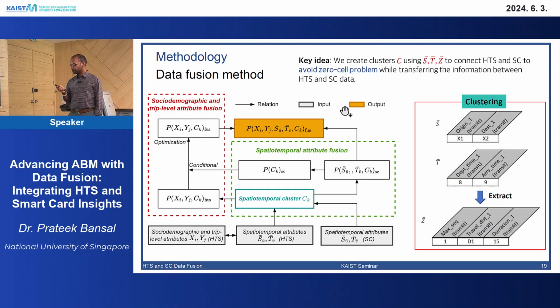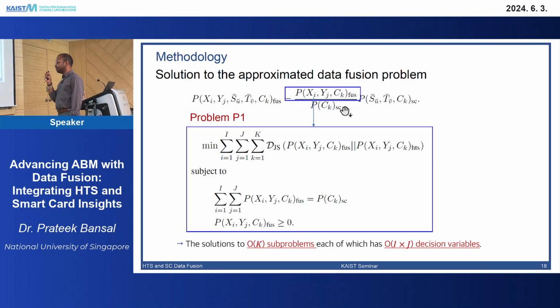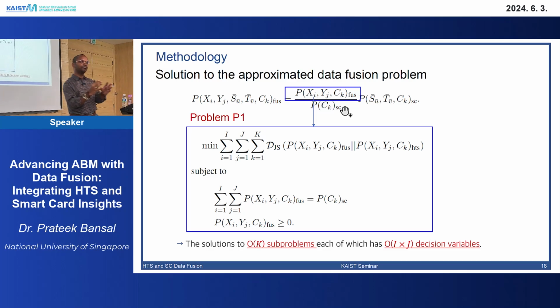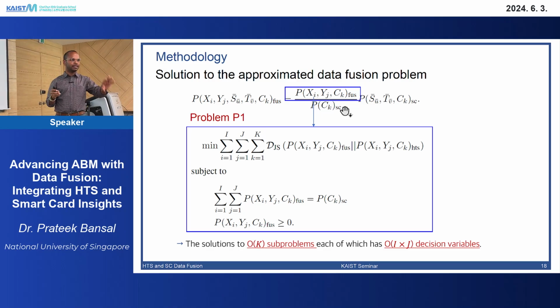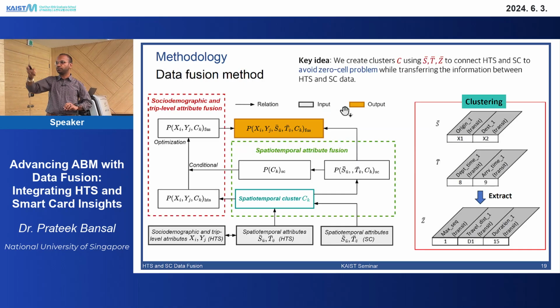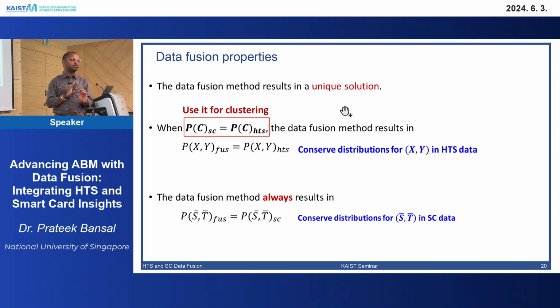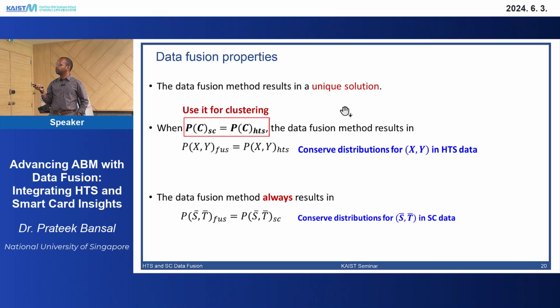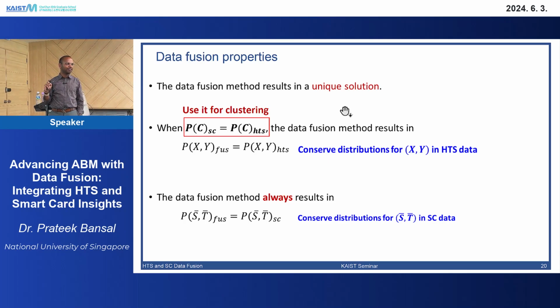Now, one property that I was talking about, why this optimization is important: it helps us go closer to the x and yj that we observed in the HTS data, while maintaining that the S bar, T bar that we are observing in the SC data are maintained in the fuse distribution. So the property that we can derive is, if we can create clusters in a way that the probability of the cluster in the smart card data and the HTS data is the same, then PXY fused is equal to PXY HTS, okay?